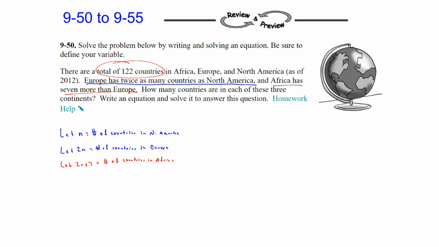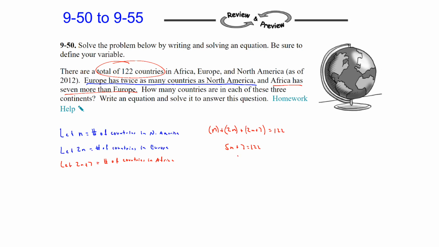So we can set up an equation: the number of countries in North America plus Europe, so N plus 2N, plus Africa, which is 2N plus 7. I'm going to put parentheses just so you can see the 3 different ones, should equal 122. Now we can combine like terms, which would be 5N plus 7.